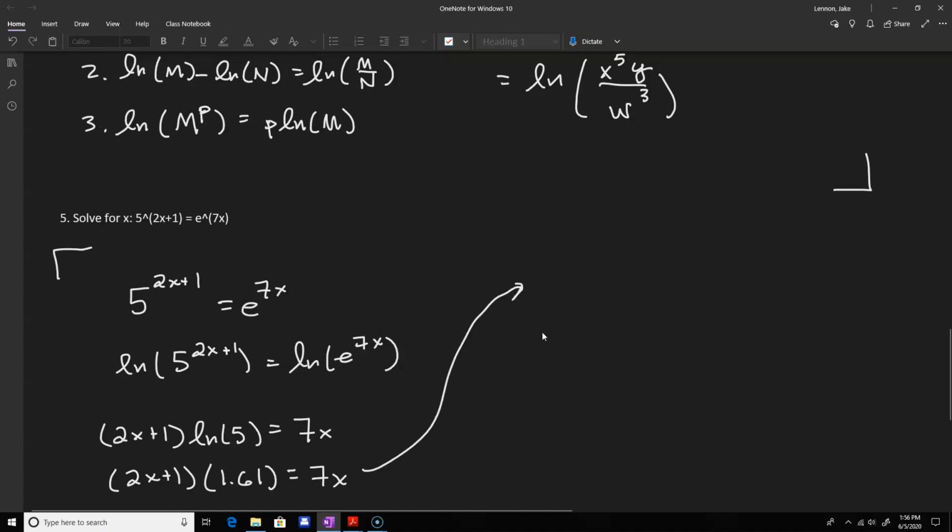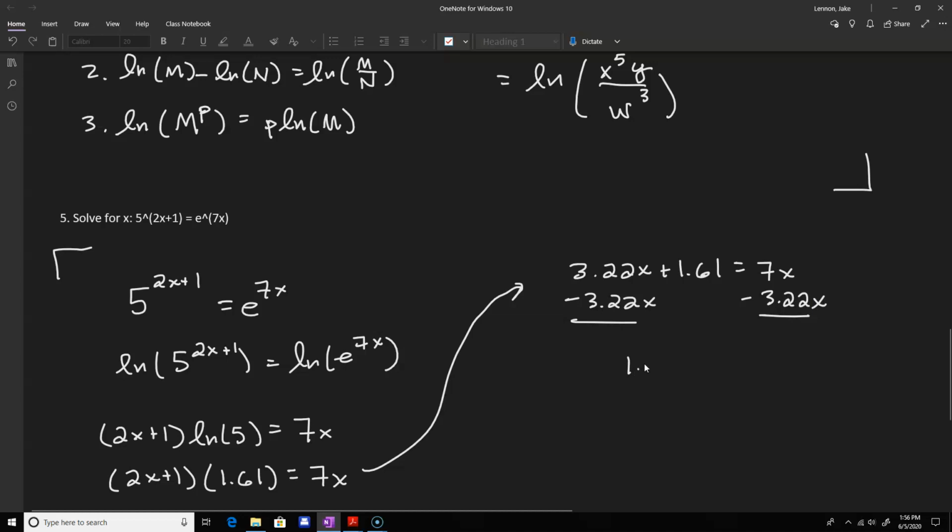And we can go ahead and multiply through. Just distribute the 1.61, and we get 3.22x plus 1.61. And that equals 7x. So then just subtract 3.22x on both sides.